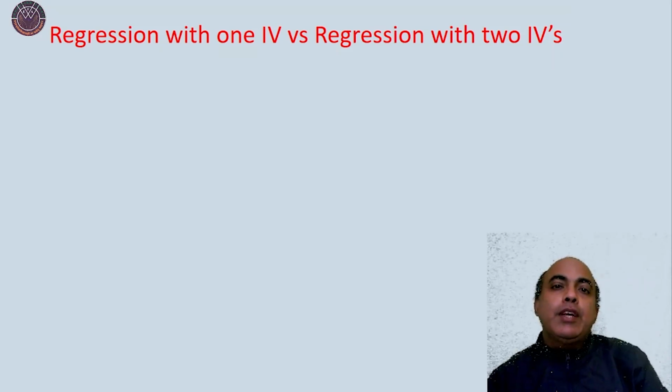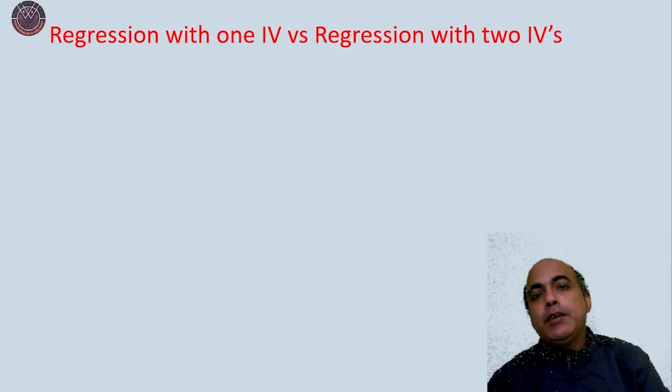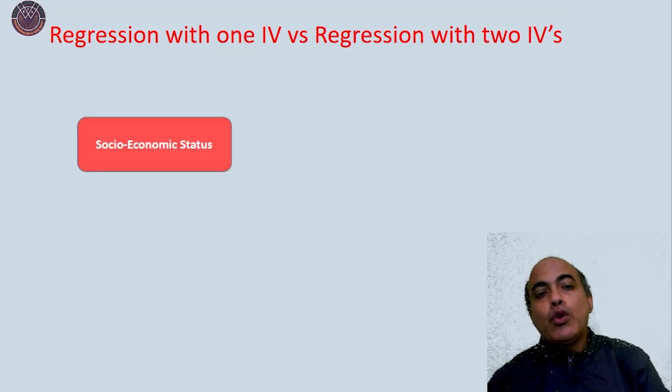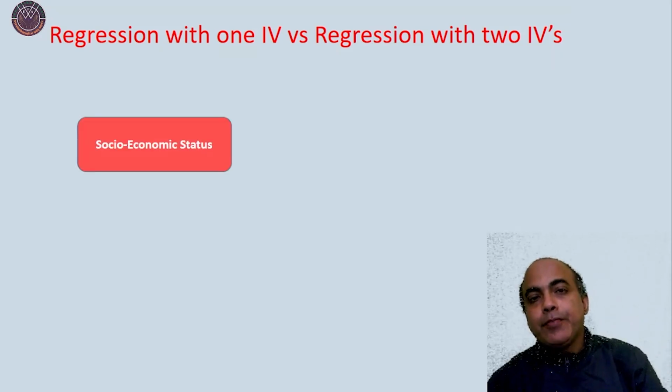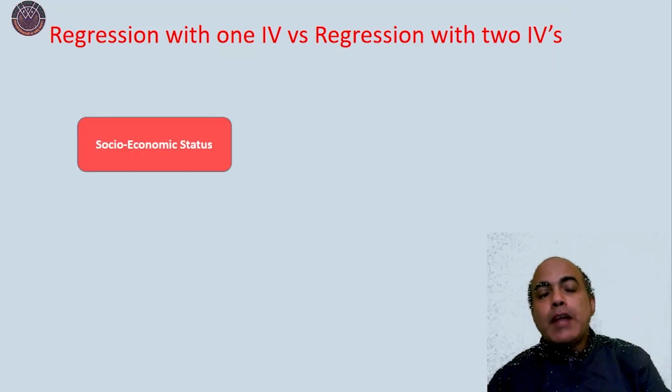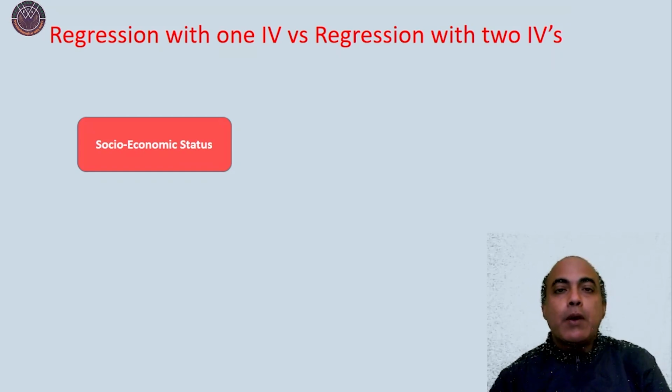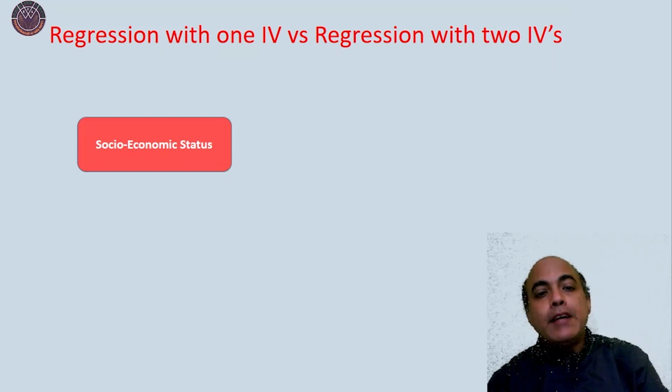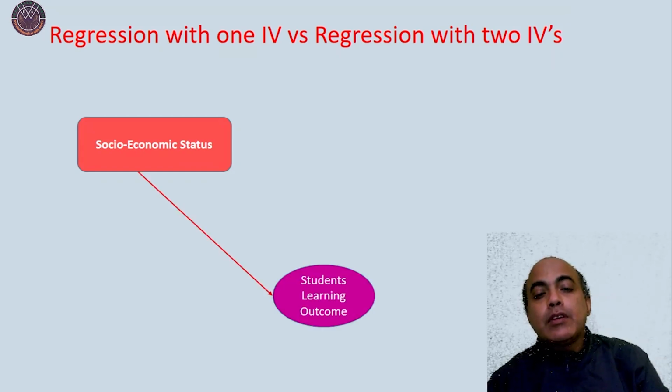Suppose a particular individual's socio-economic status is one factor or one variable which determines a student's learning outcome. It is quite obvious.